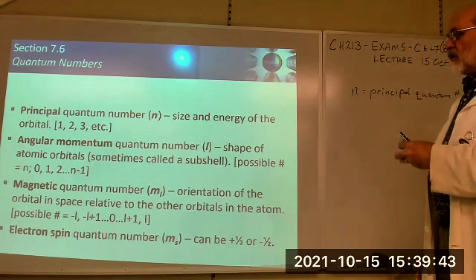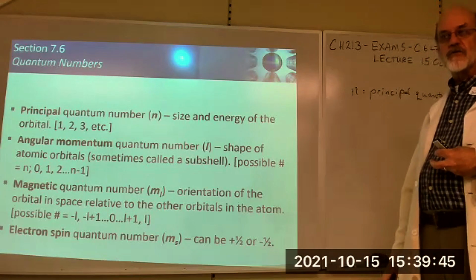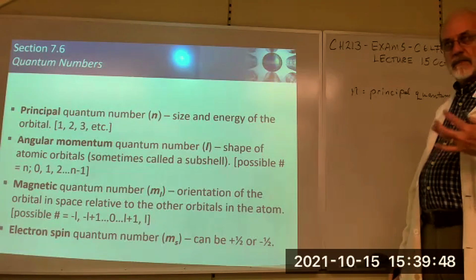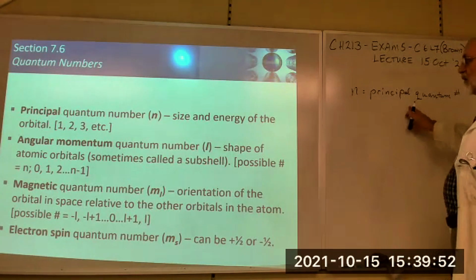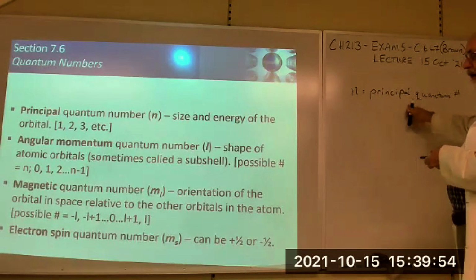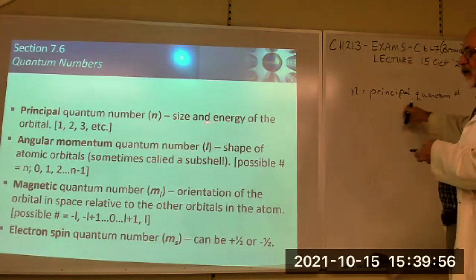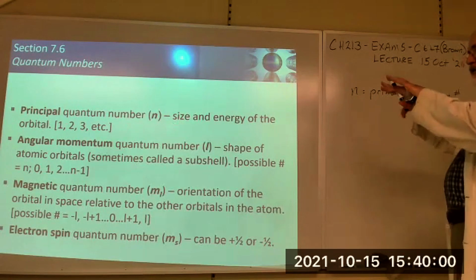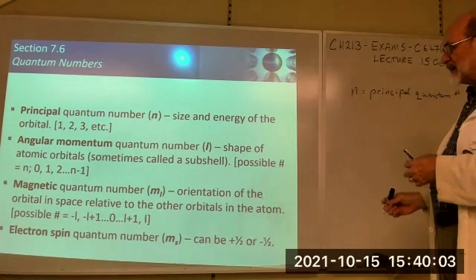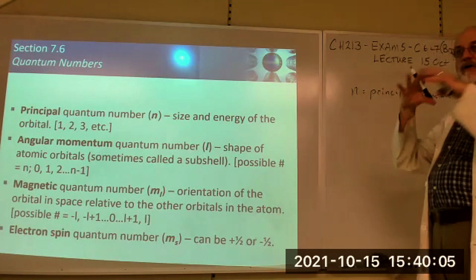We're going to use these 4 numbers to write the electronic structure of an atom and an ion. The principal quantum number, which I mentioned first, relates to the size and the energy of the orbital. The larger the number, the more space is being defined for the orbital, and the higher the energy.